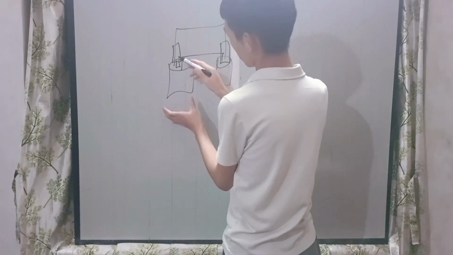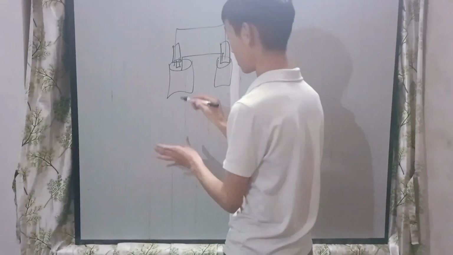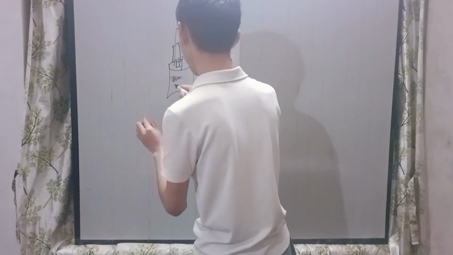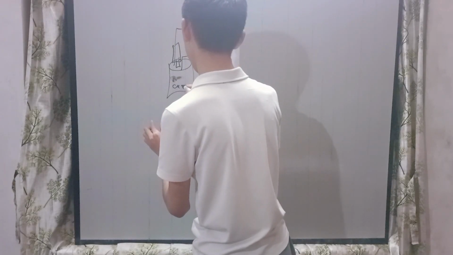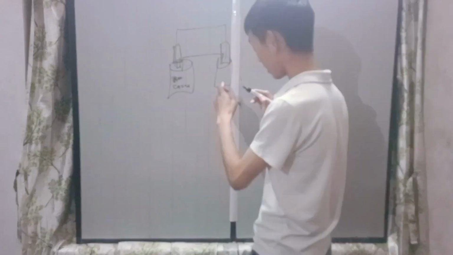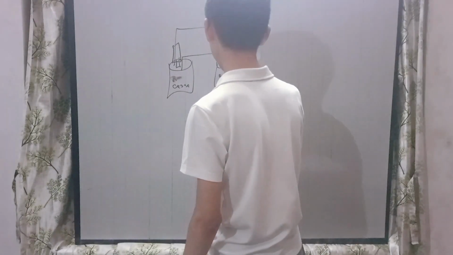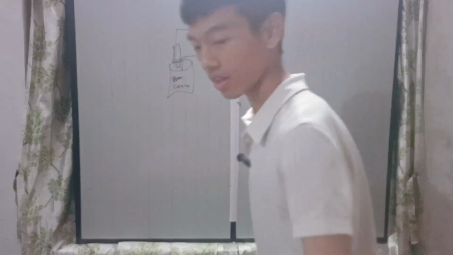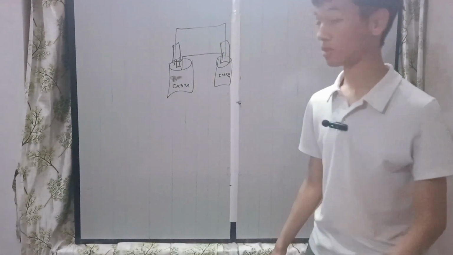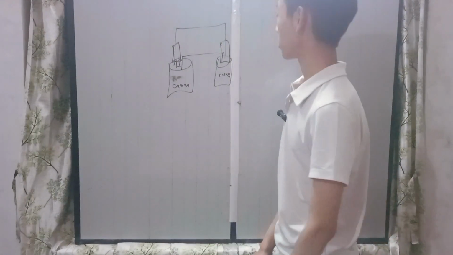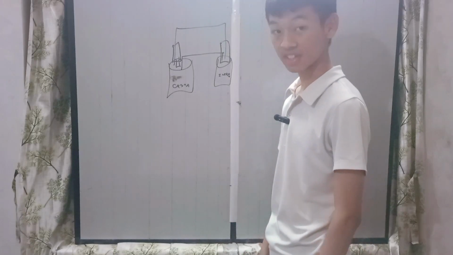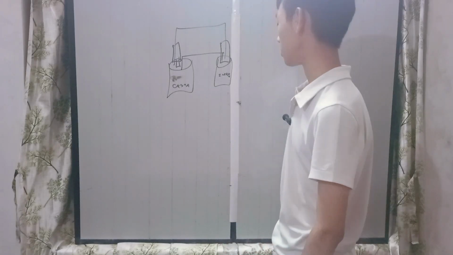Now here we will add a copper sulfate solution. In here we'll add a zinc sulfate solution. When we add these two solutions, current will flow, voltage will be generated, and EMF will be induced.